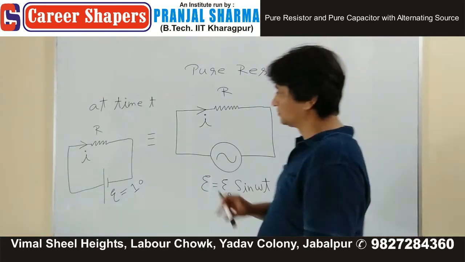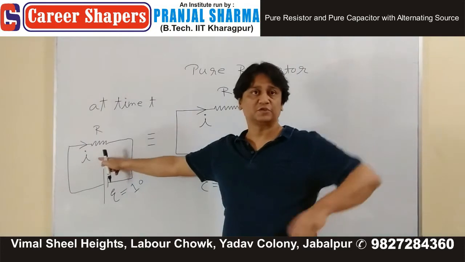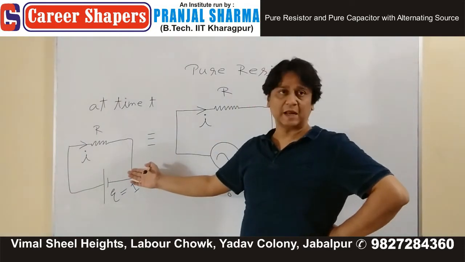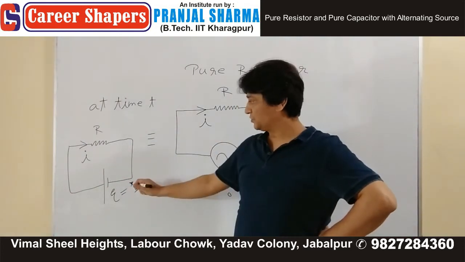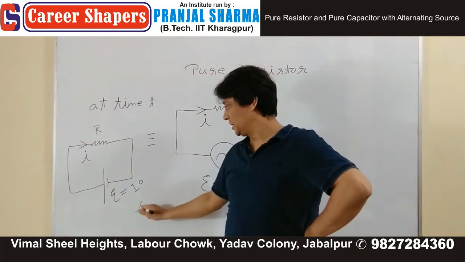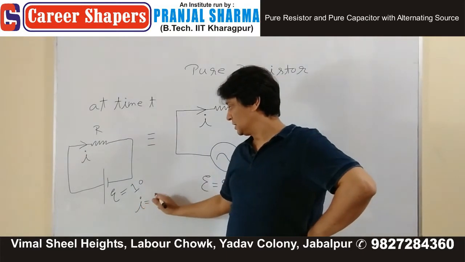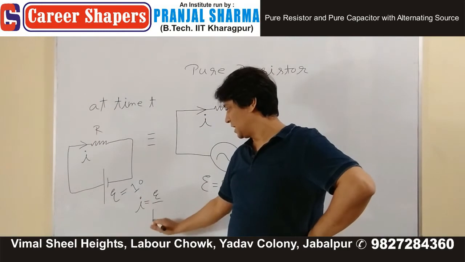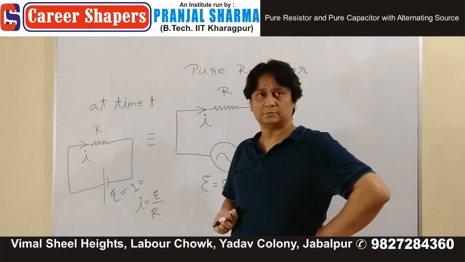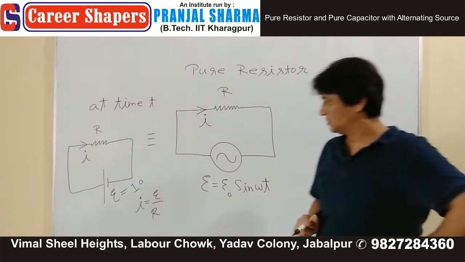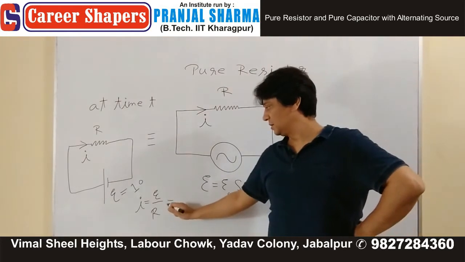So, what is I in this figure? This is a simple electric circuit. In this figure, I is E divided by R. What is E?